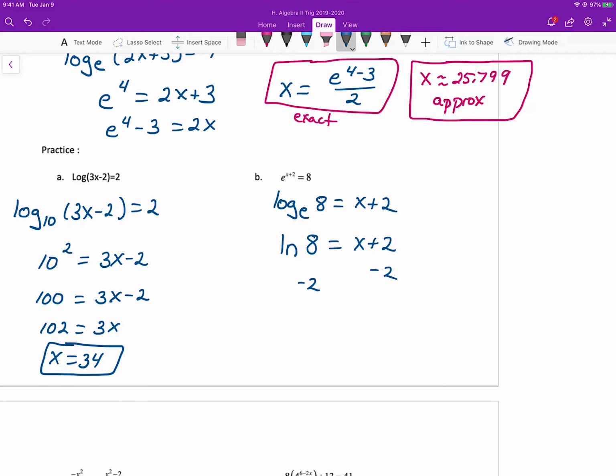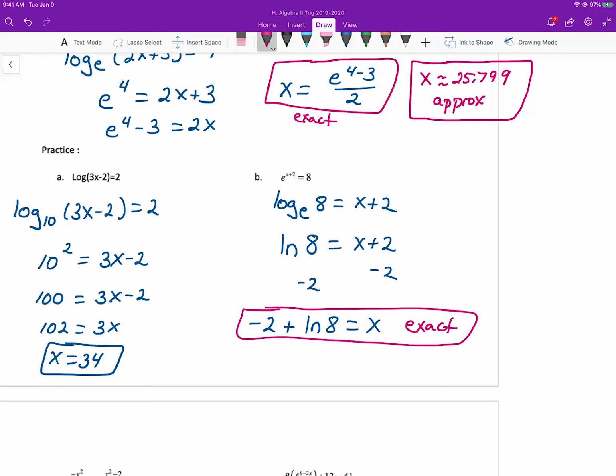I like to write it out in front because it's not going to be a 6, and sometimes I do see that mistake happen. So negative 2 plus ln 8 will equal x. That will be your exact answer, which, to be honest, is the way I'd prefer them. Just like that.